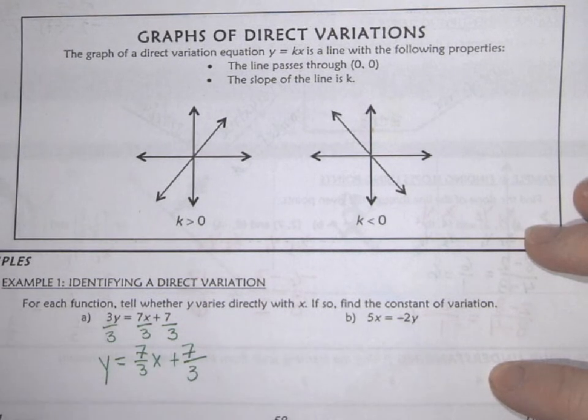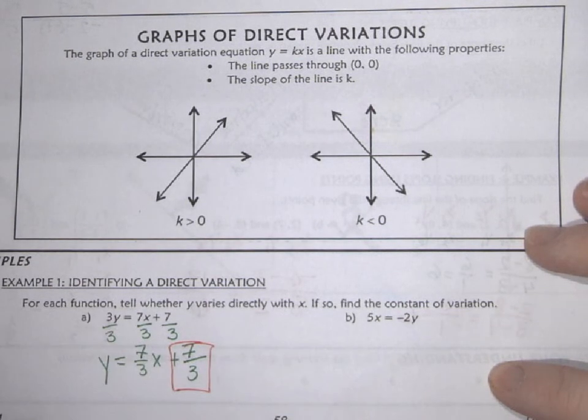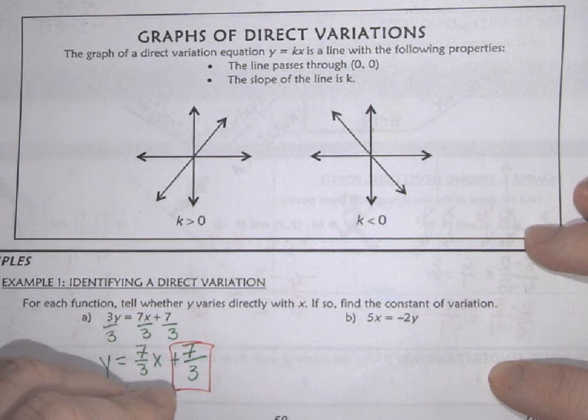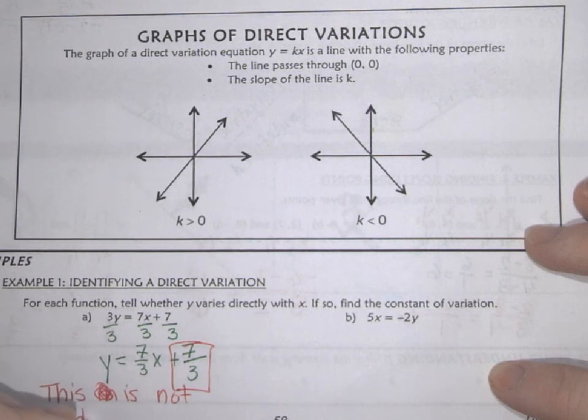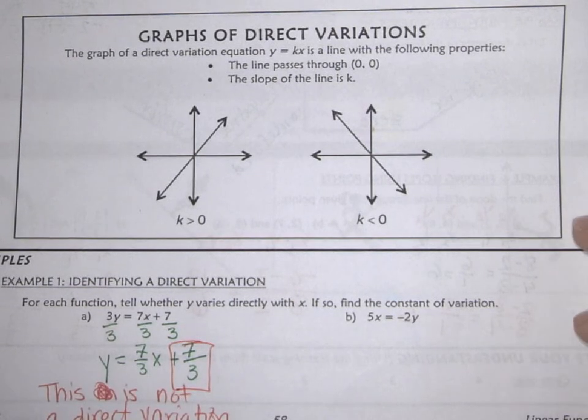Because I have this additional piece right here, it does not vary directly. So this is not a direct variation. There is no k value here.